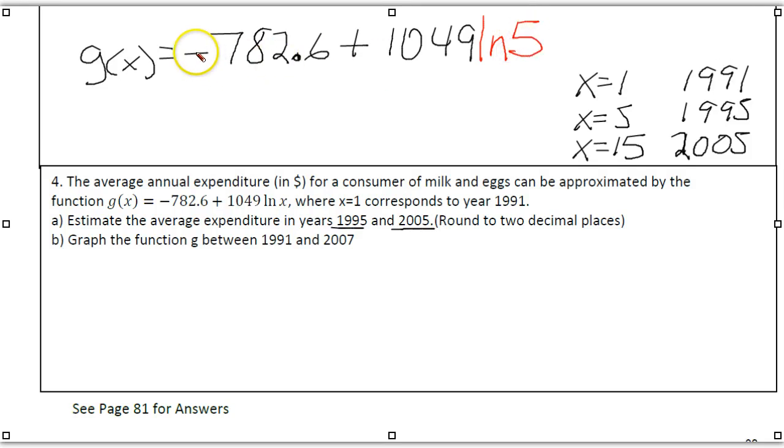So again, you're going to put a negative this plus this positive natural log 5 into your calculator, and you end up with, for when you do a 5, 905.70.